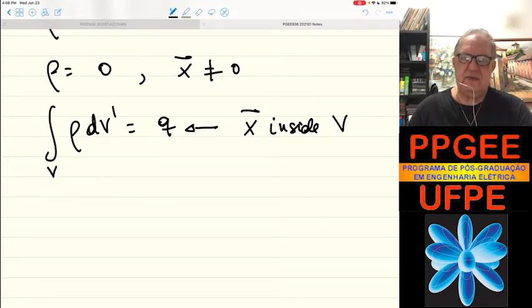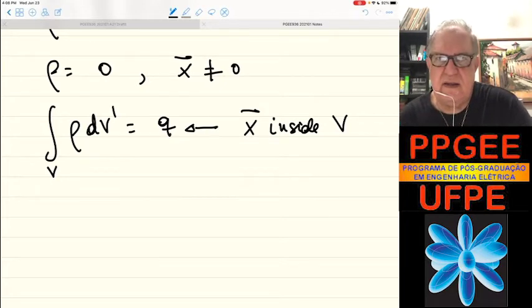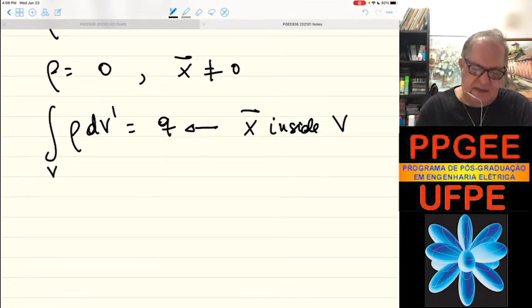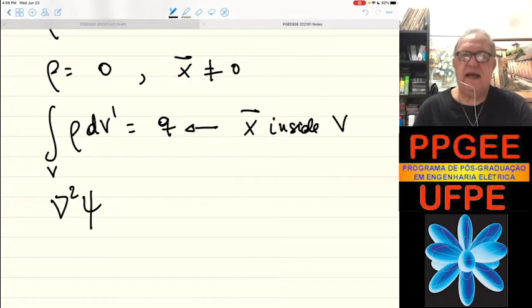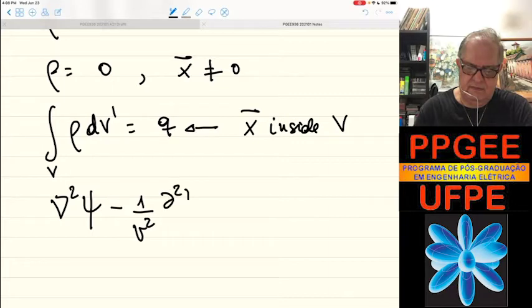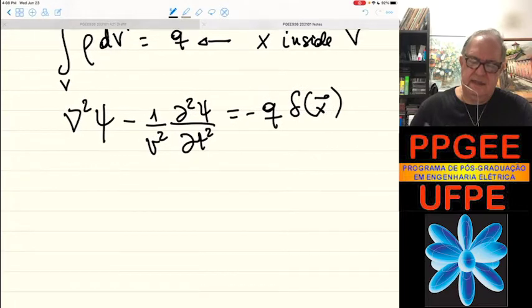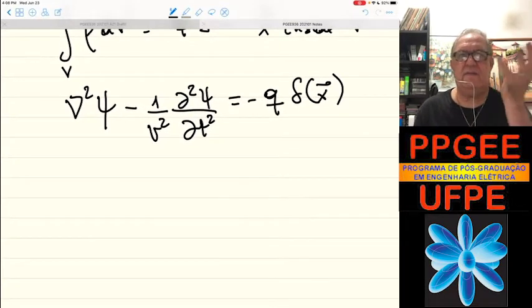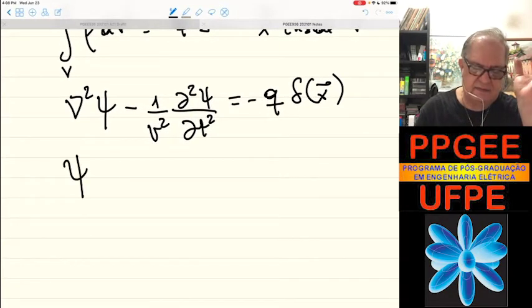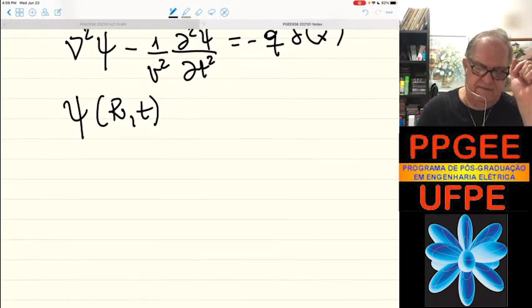For this situation, we have a spherically symmetrical problem, right? Let's look at the scalar wave equation. In this case, the problem depends only on r and t, because the delta function here, in fact, is something like this.